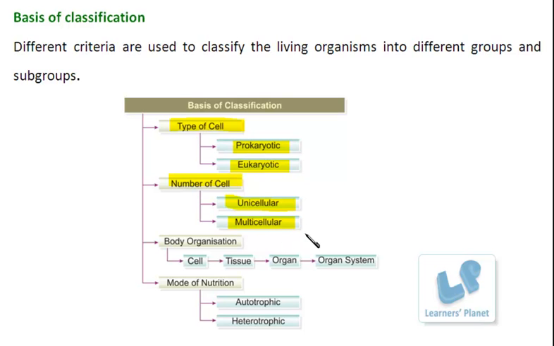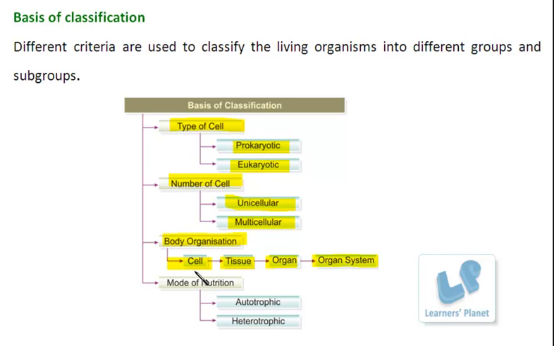And for your information, these many cells are organized in the organism's body, right? And what type of organization is there? That becomes the next criteria to classify the organisms. Therefore, I have highlighted it here as the body organization. That is, whether in this multicellular organism the cells are present in colonial form or have been organized in the form of tissues, organs or organ systems.